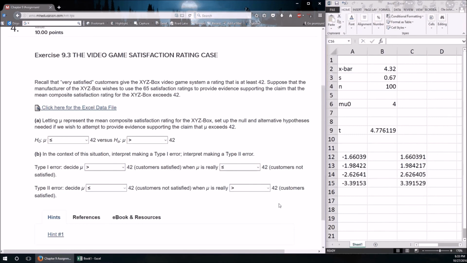Type 1 and type 2 error come from what we decide about the null hypothesis and the alternative hypothesis in relation to reality. In a type 1, we conclude that the alternative hypothesis is true and it's wrong. In a type 2 error, we decide the null hypothesis is correct and it's wrong.